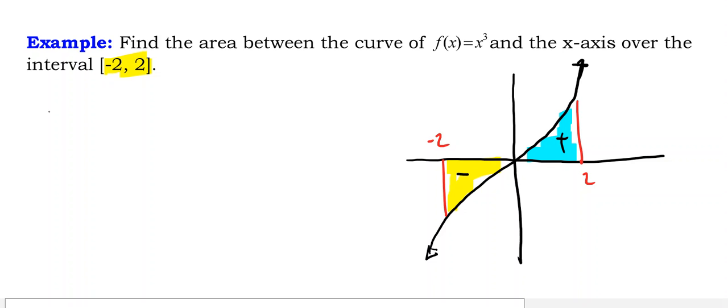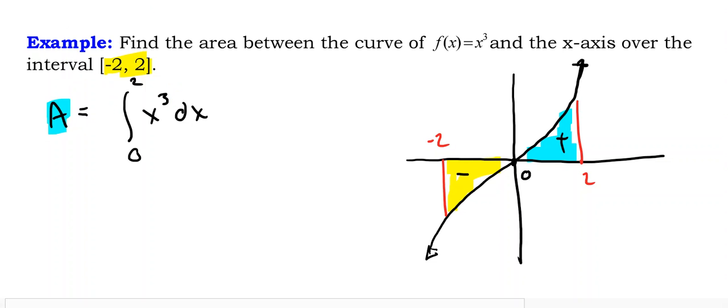The blue area is going to be the integral of x cubed dx, and that goes from 0 to 2. So here's 0 right here. I'm just doing the blue area. I'm going to even highlight the blue area. And that area then is going to be 1/4 x to the 4th evaluated from 0 to 2.